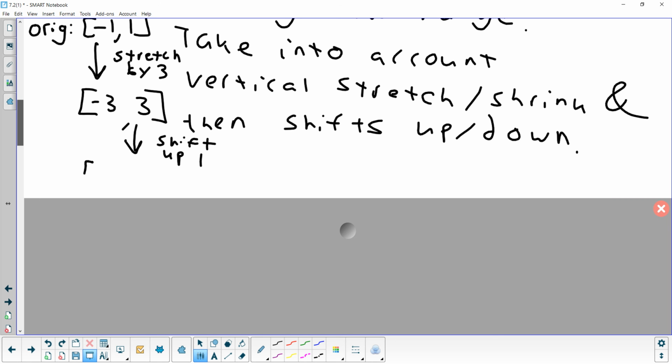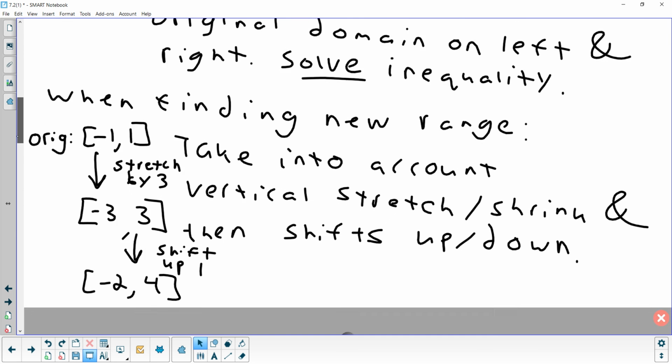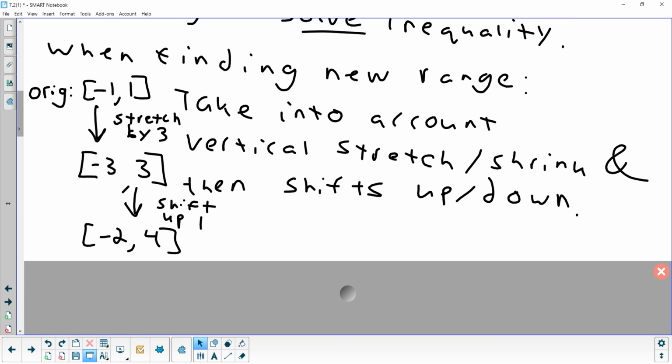Sarah? -2 to 2. I like the -2, that's good. But, yeah, it would be to 4. So that's how you find your new range. You just take into account a stretch, and then any shifting, just like that. Okay, and that's just an example. I just made that up.